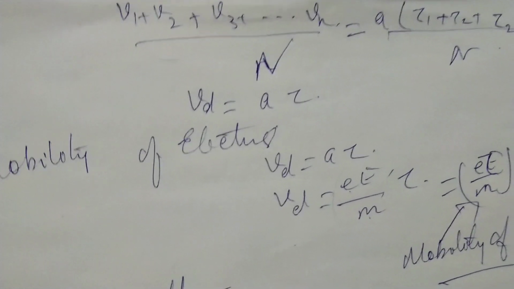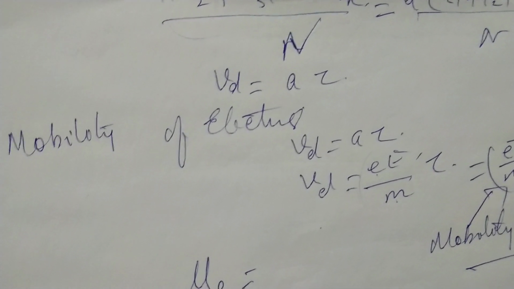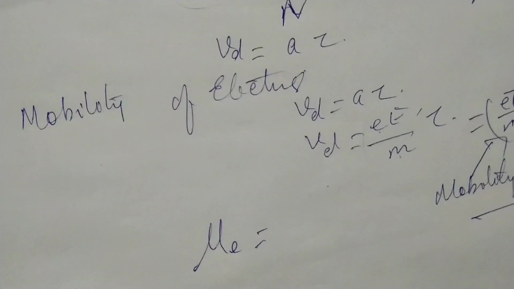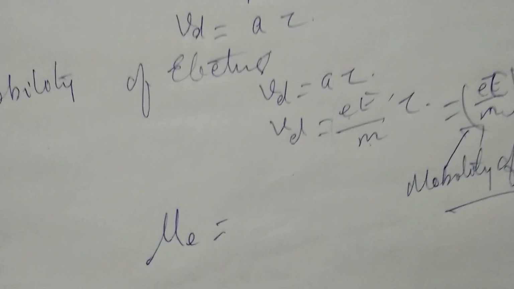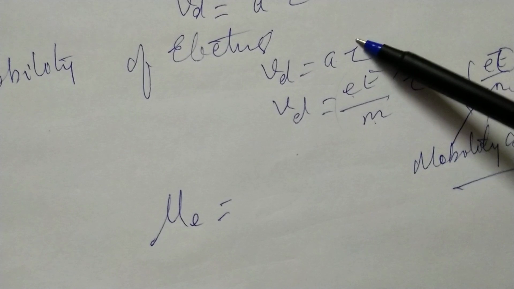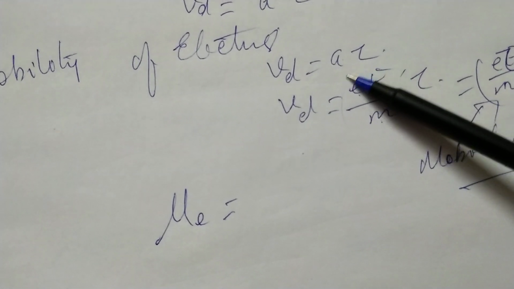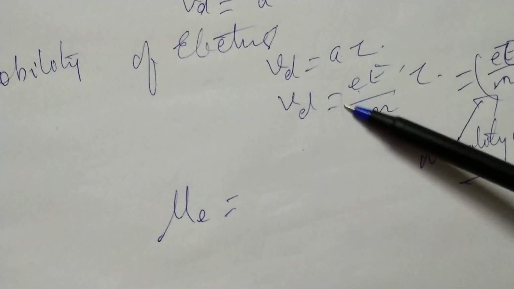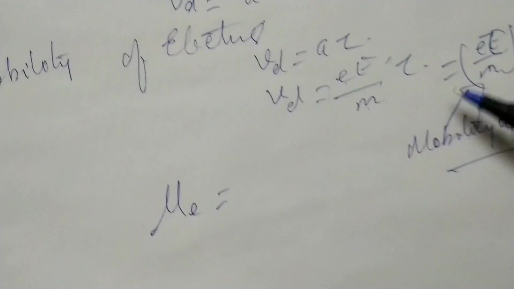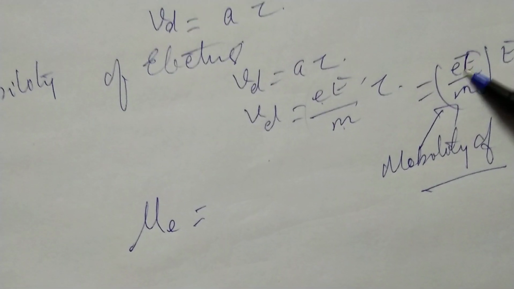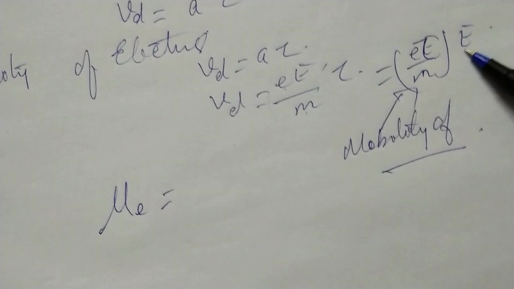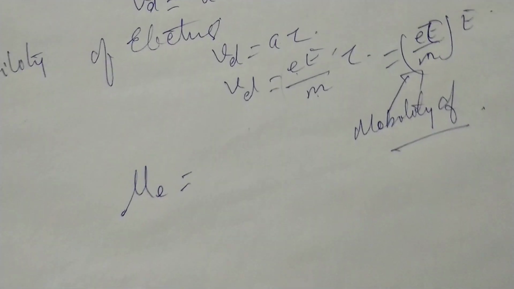This becomes a tau, where tau is the relaxation time. Now if vd = a tau, then acceleration is F by m, and again it can be written as small e capital E by m. So this gives vd = (e tau by m) E. Now this is what we call the mobility.